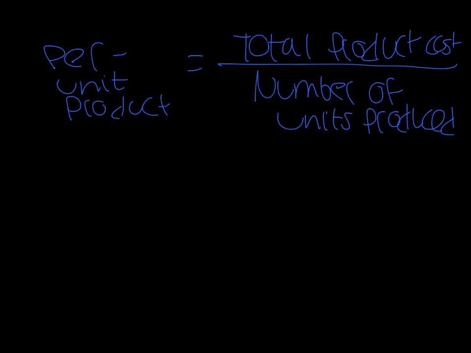Once again, that is the per unit product cost. Let's just say that direct materials are $1 to create the shoe, a pair of shoes, and direct labor is $5, and the manufacturing overhead is $3.